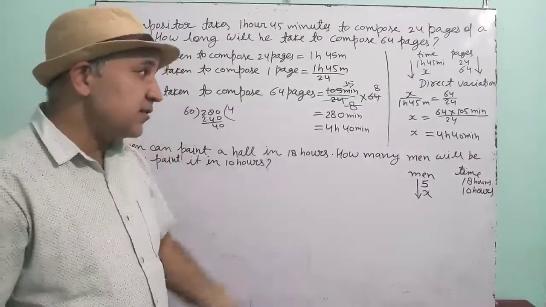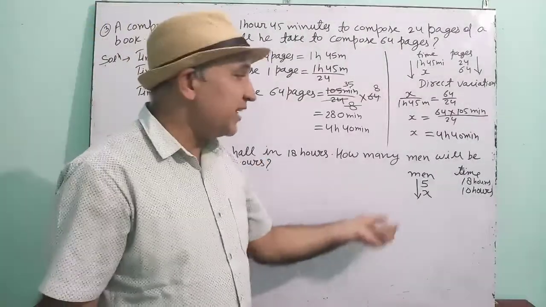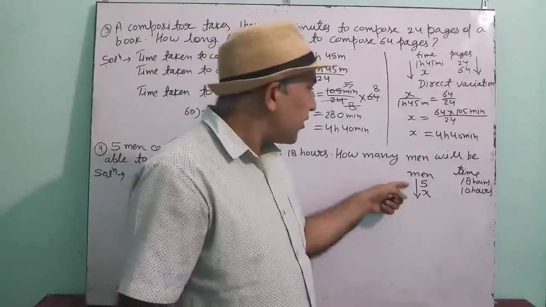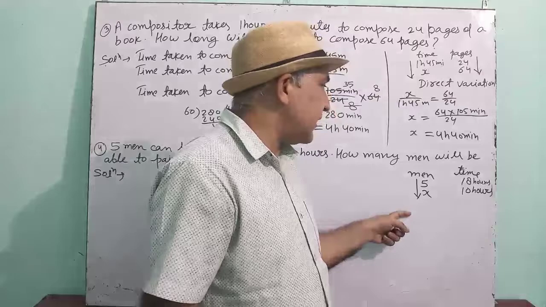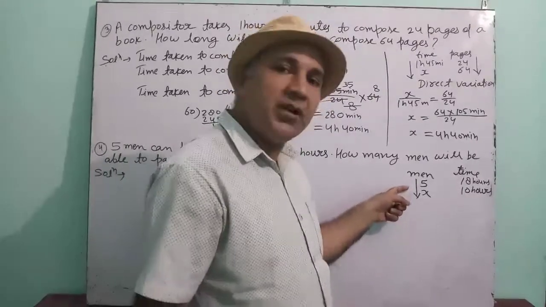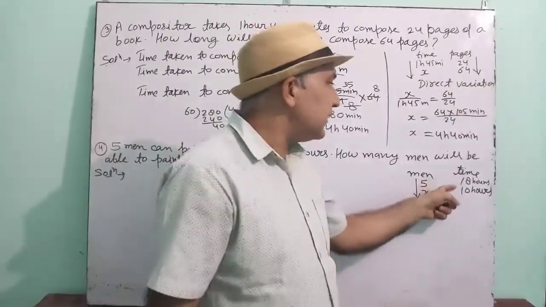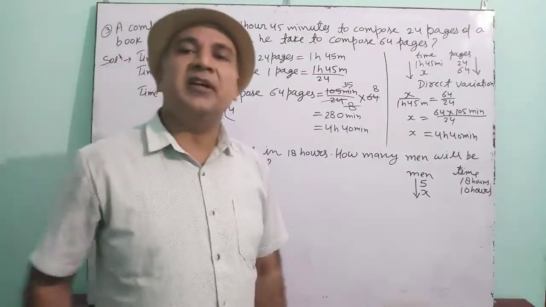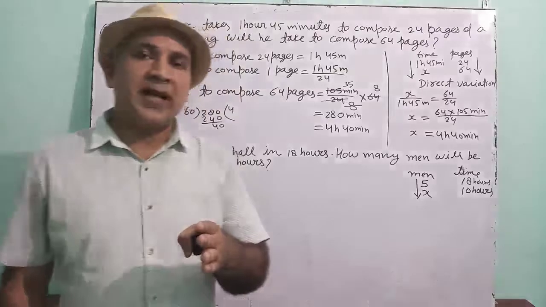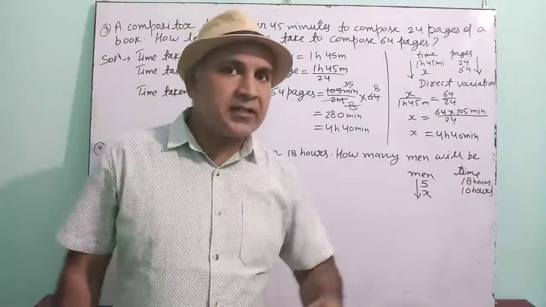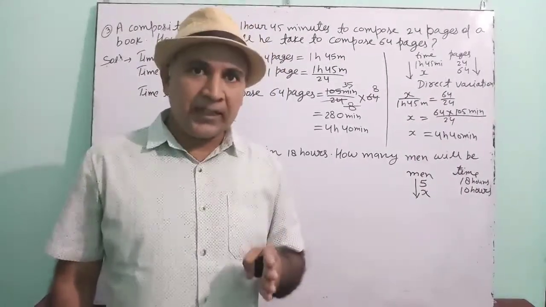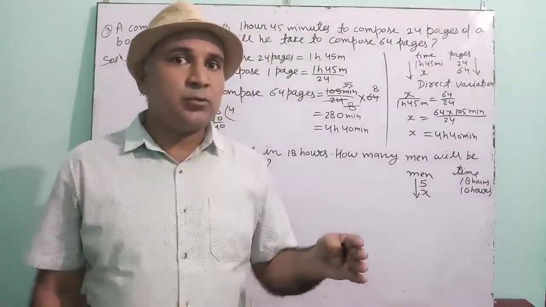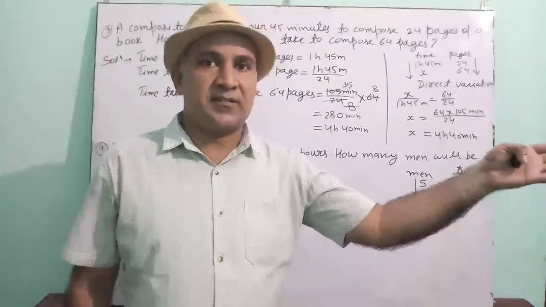Now check whether there is direct variation or indirect variation. If the number of men is increasing, then will time decrease or increase? Just think over it. If 5 men can do a work in 10 days, then will 10 men do the work in fewer days or more days?